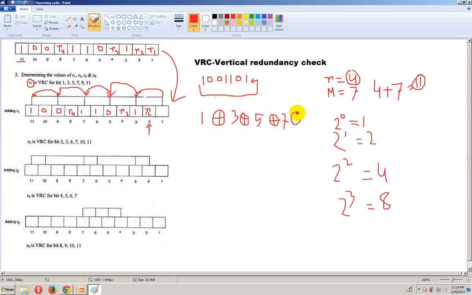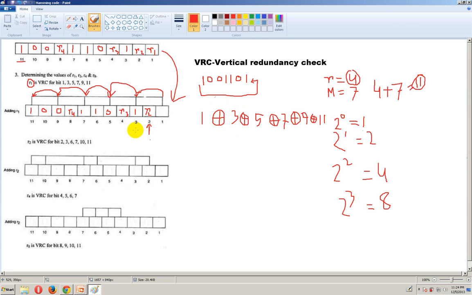Okay, I'm going to write all this, then position 9, then exclusive OR, then position 11. Position 1 we don't have anything yet, so we move to position 3.